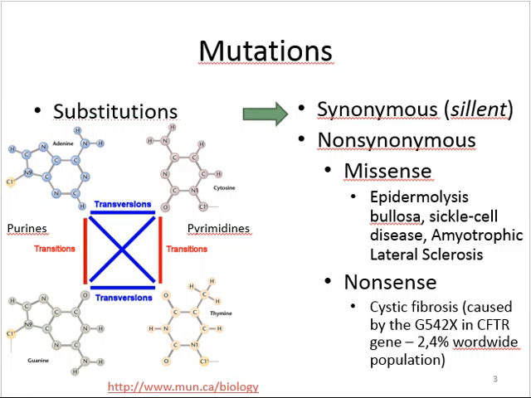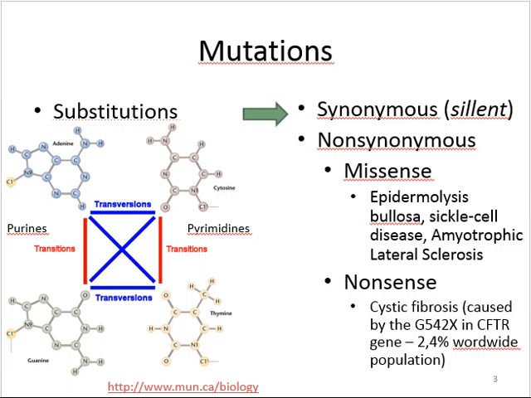Mutations can be substitutions, insertions, or deletions. The substitutions, as the name says, means that instead of one nucleotide, you have another nucleotide. When you have nucleotides that are pyrimidines, like cytosine and thymine, if you change one for the other, it is called a transition because it still remains a pyrimidine.